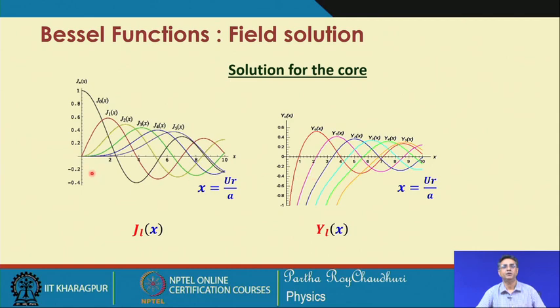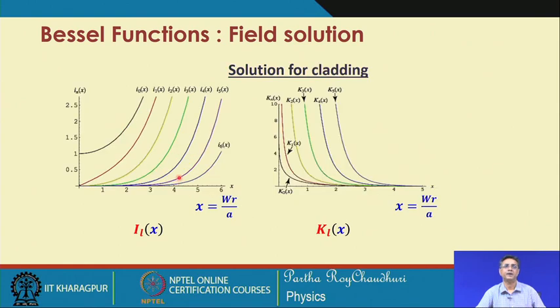From here we can make out that at r equal to 0, the J L field will be finite, but the Y L field goes to infinity, and at r equal to 0 the field cannot be infinite. So, this solution is not physically admissible. So, we will have to discard this solution, and then for the core we will only continue with this solution, that is J L of x. And for the cladding we have the solutions I L of x and K L of x, they look like this.